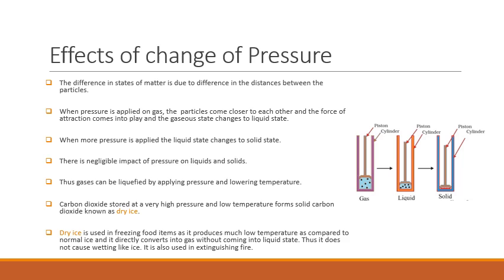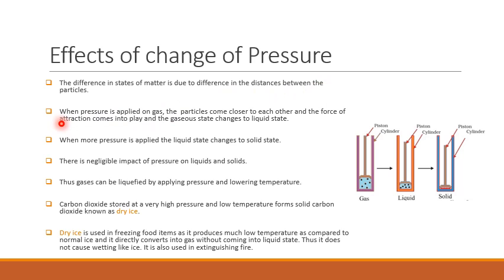So the different states of matter are due to the difference in the distances between the particles. Like in solid, the interparticle space is very less, whereas there is a small space between the liquid particles, whereas the gaseous particles have more distance between their particles.